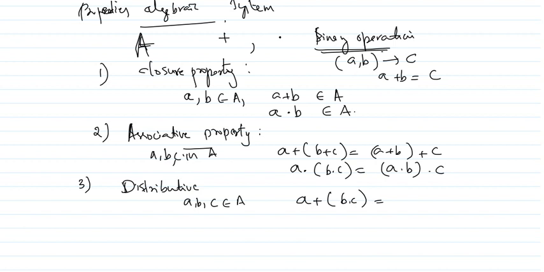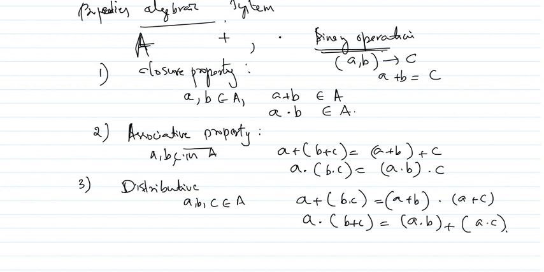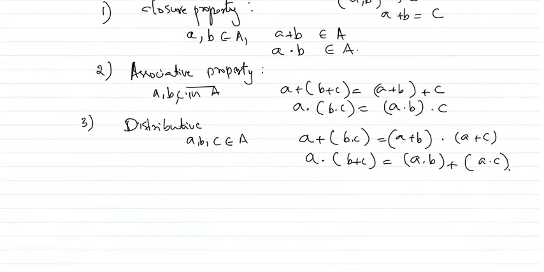So it is (a plus b) dot (a plus c). Similarly, a dot (b plus c) is a dot b plus a dot c. So they are known as distributive property. Next one is commutativity.